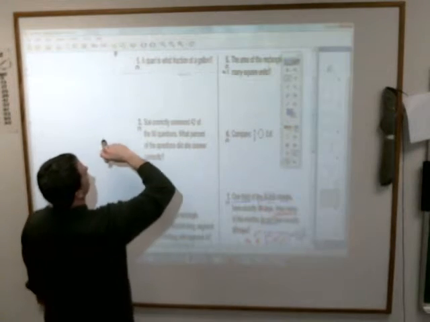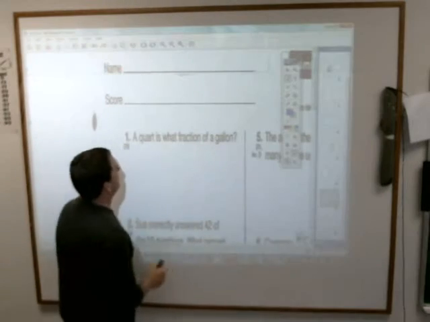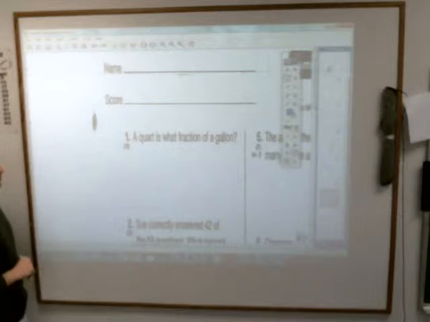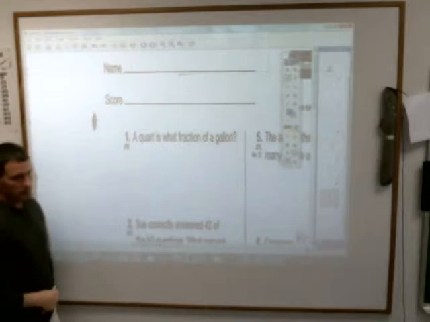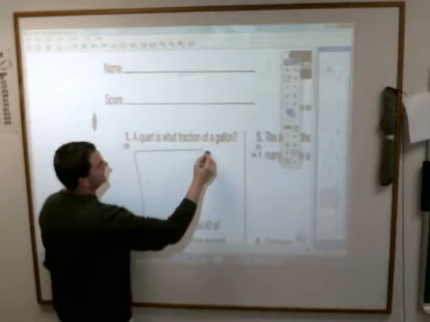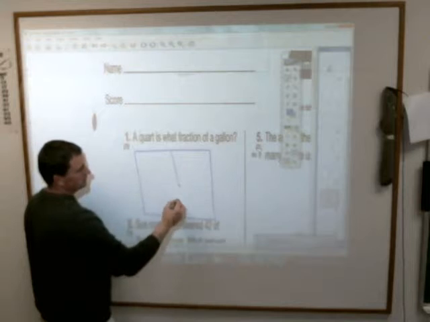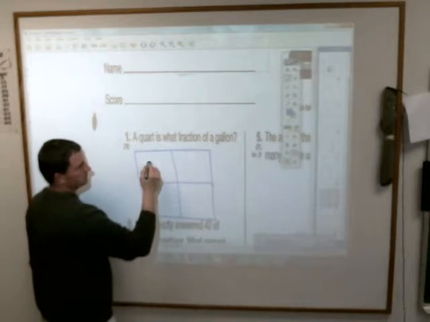Number 1 says a quart is what fraction of a gallon? And I would even let you have, if you want to draw out, if you want to bring that little thing that stood for a gallon, remember how we did the gallon? A gallon is broken into 4 quarts.